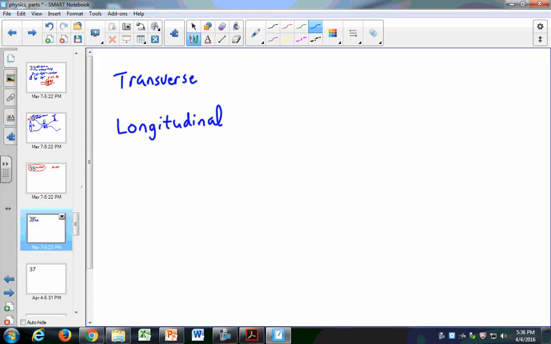The transverse would be like the wave, and so as I step in front of your row, you raise your hands up. Y'all know the wave at the stadium? And so that would be a transverse wave. You're the medium, and the medium moves up and down, up and down. So that's a transverse wave.